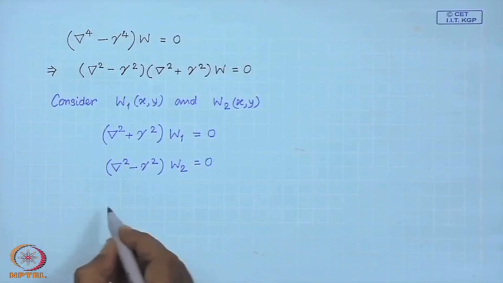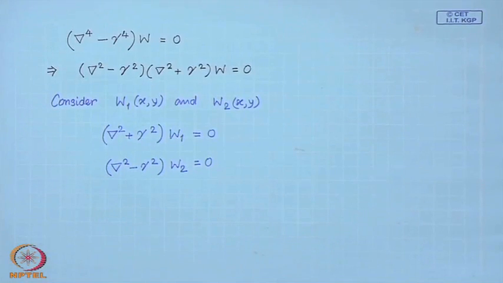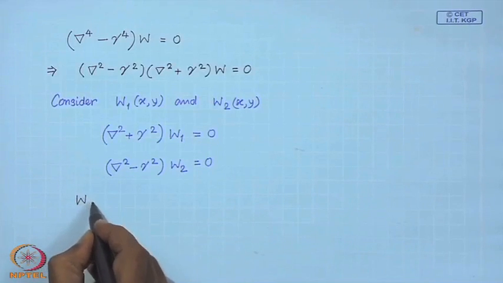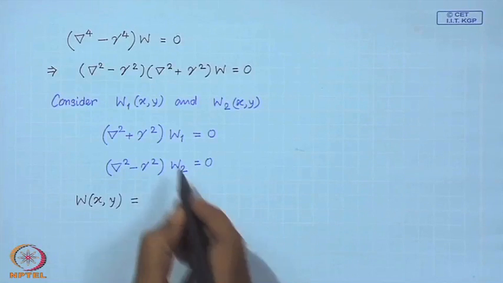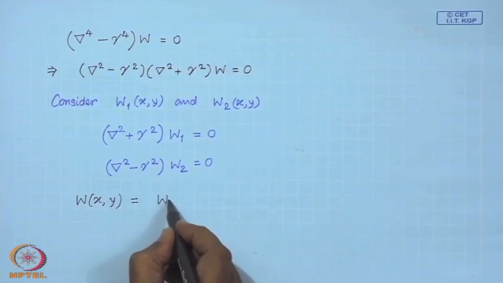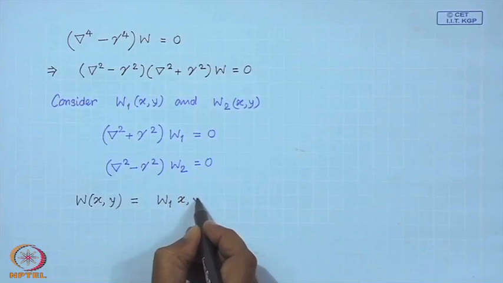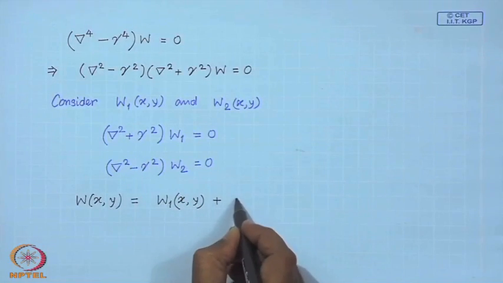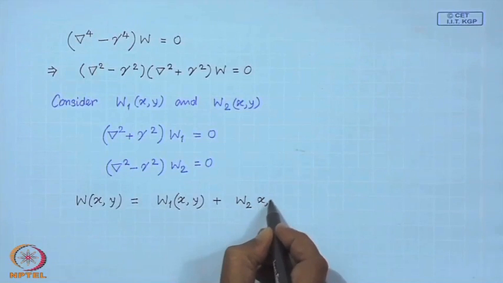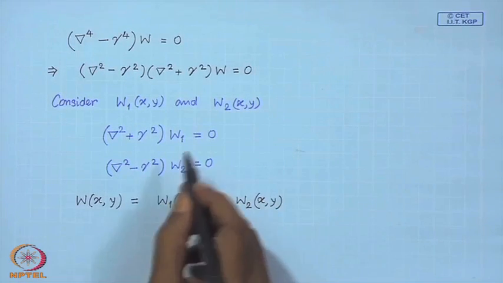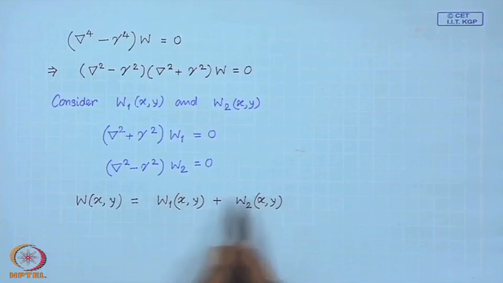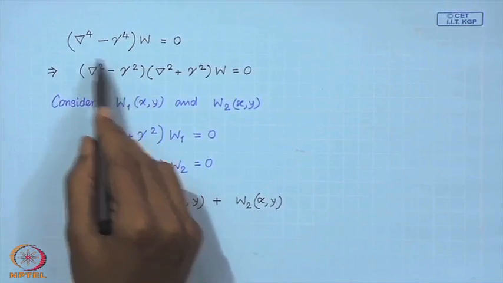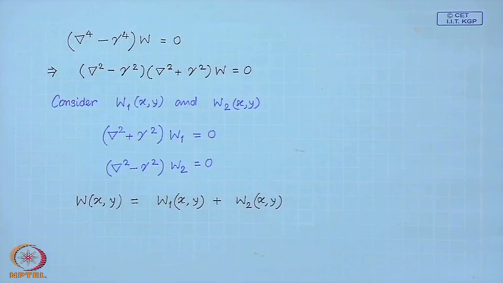Then I can say that the solution W can be written as a combination of W1 and W2. So, this can be very easily checked that if you construct a solution like this, then this is going to satisfy our original differential equation of the eigenvalue problem.